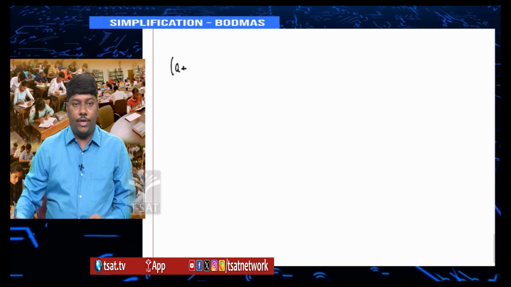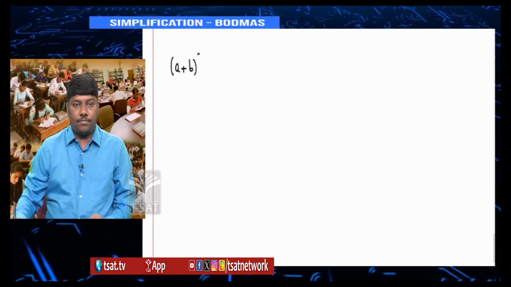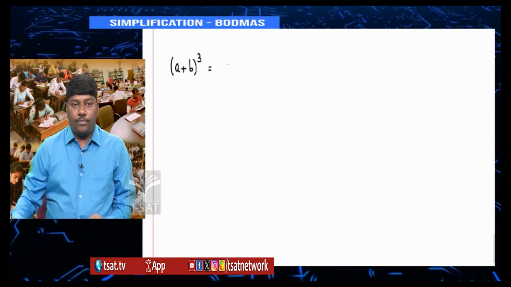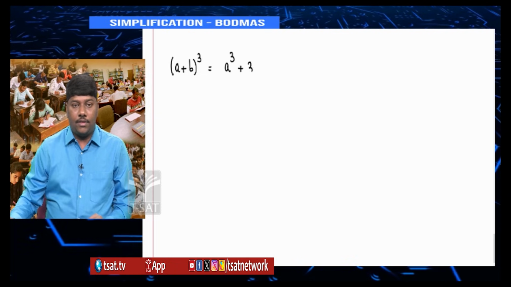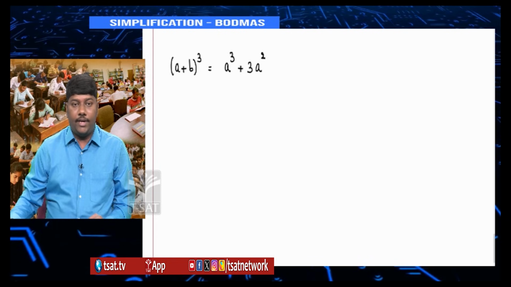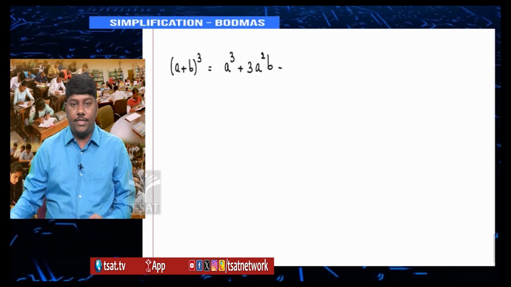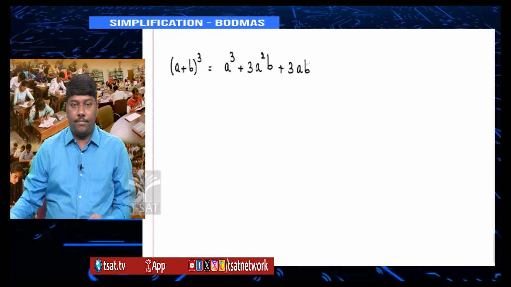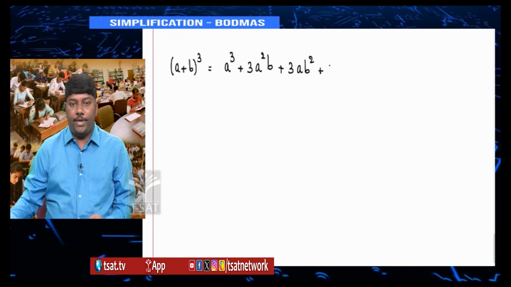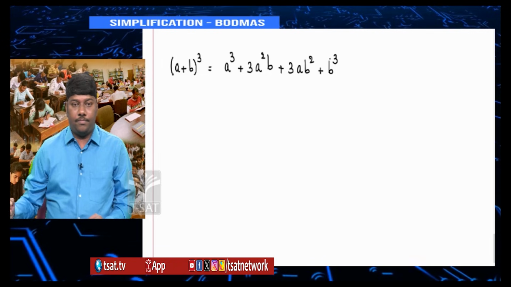A plus b whole cube. We know it's a cube plus 3a square b. Gradually decrease the power of a, increase the power of b. 3ab square. Then again increase the power of b, b cube.